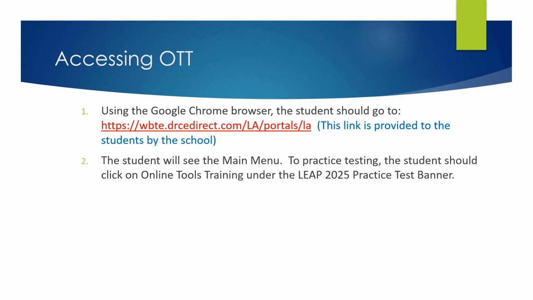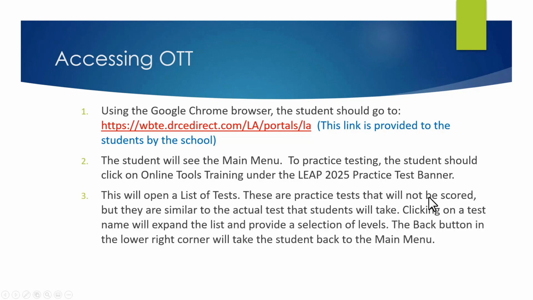The student will see the main menu, and to practice testing, the student should click on the online tools training that is located under the LEAP 2025 practice test banner.